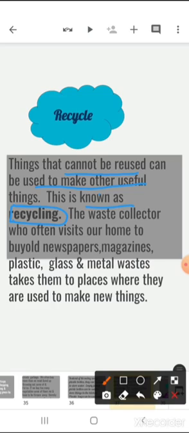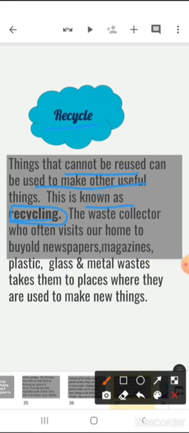If we are not able to reuse a thing because it cannot be used again, we can use it to make other useful things. This process is called recycling. Okay.